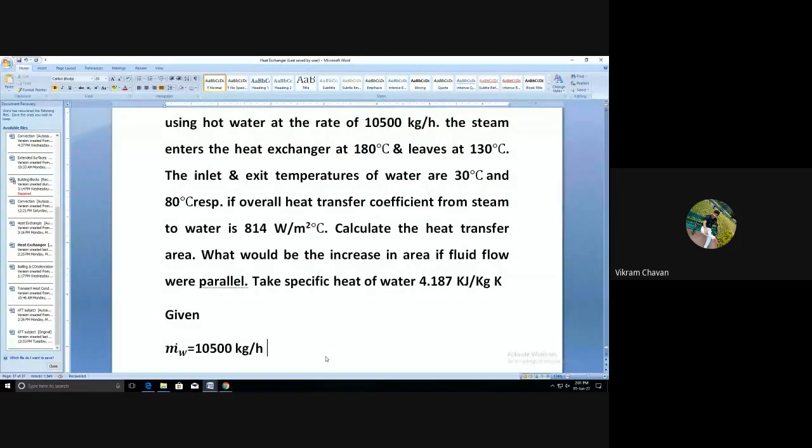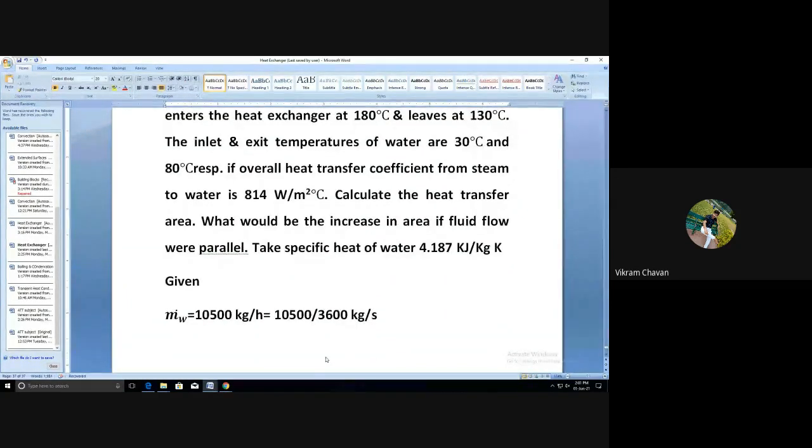We have to convert this into kg per second, so we need to divide 10,500 by 3600 and calculate it in kg per second.